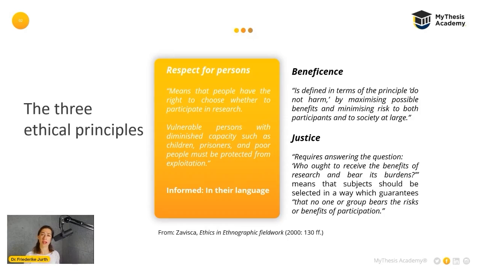So don't come up with a form or even an oral consent in another language where you are not really sure if they get all the details, if they clearly understand their rights, and that it is absolutely their choice to participate.